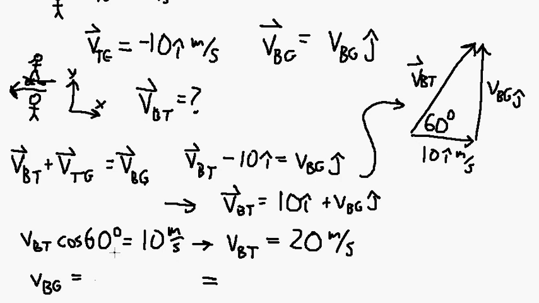This is 10 times the tangent of 60 degrees, and the tangent of 60 degrees is radical 3. So the velocity of the ball with respect to the ground is 10 radical 3 meters per second. I'm going to leave it as the radical for just a moment because that comes in handy.